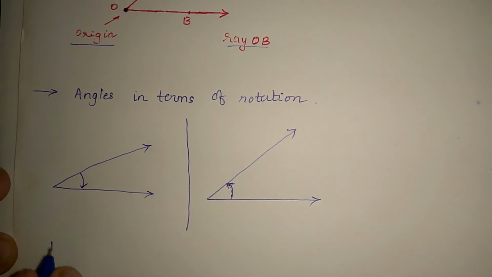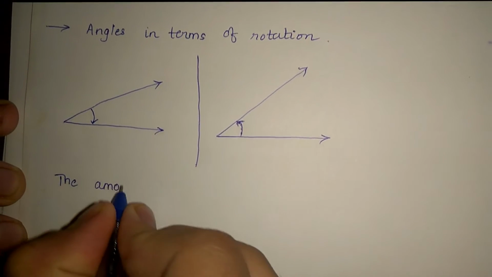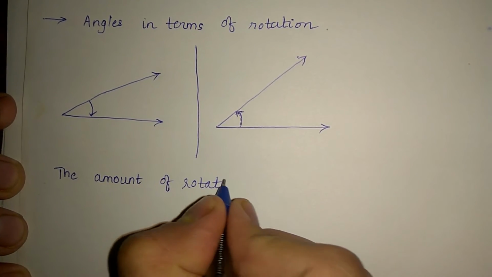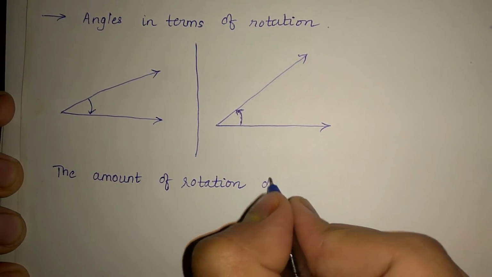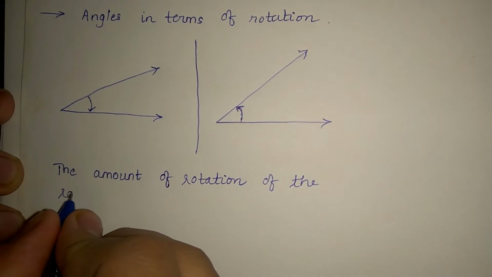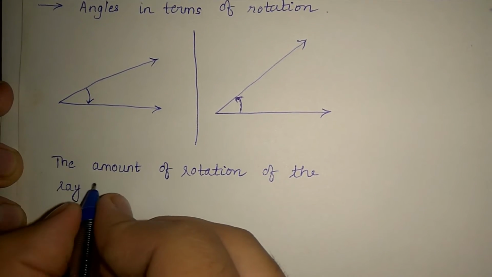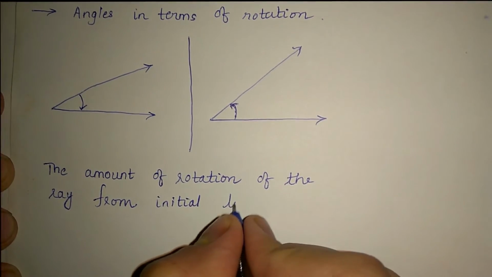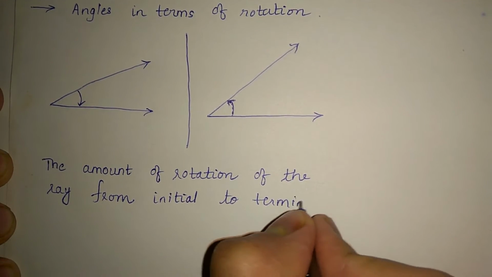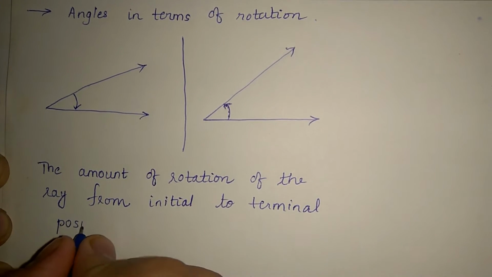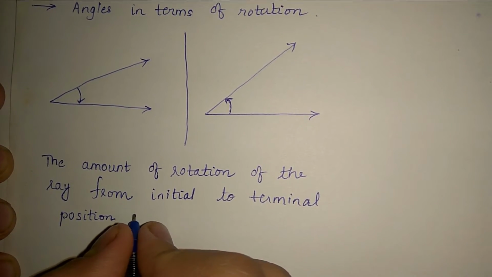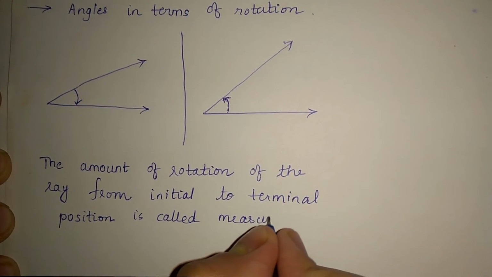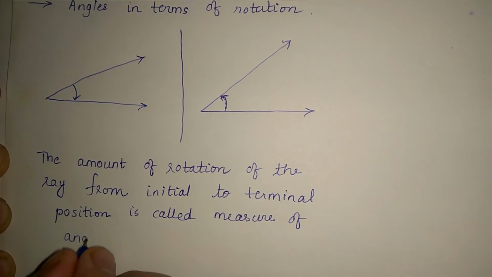So the amount of rotation of the ray from initial to terminal position is called measure of angle.